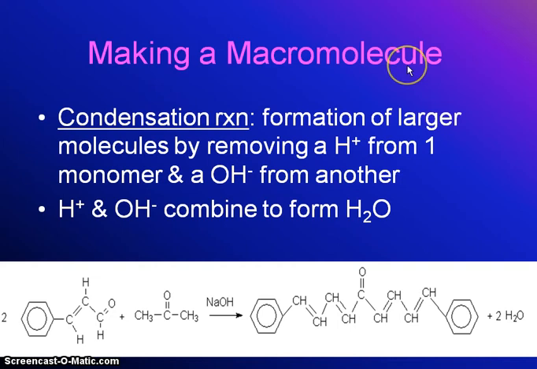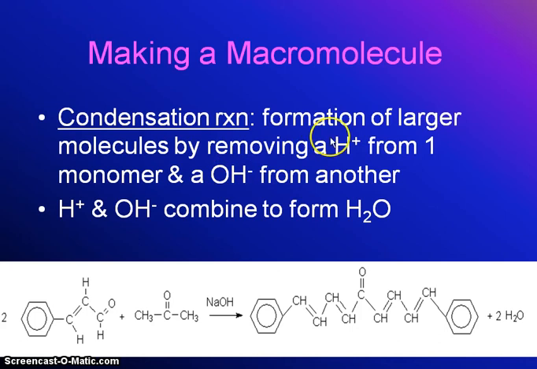So how we go about making those macromolecules is through a condensation reaction. With the condensation reaction, we're going to take two molecules or two monomers, and from one of them we're going to remove a hydrogen, an H+ ion, and from the other one we're going to remove a hydroxide ion or OH-.